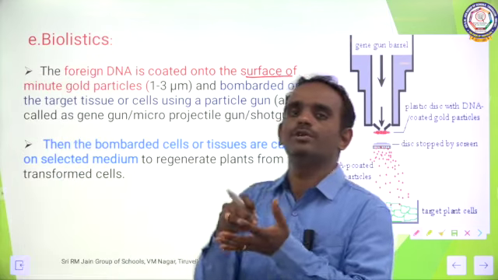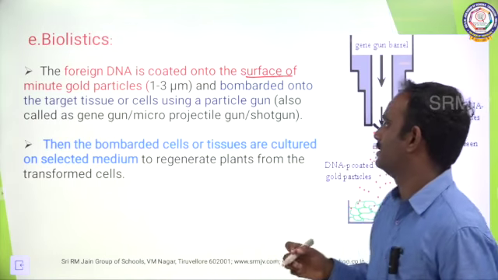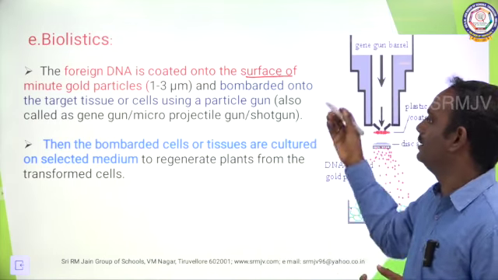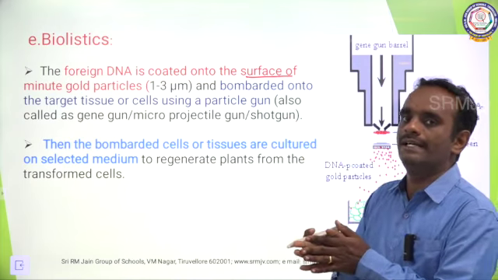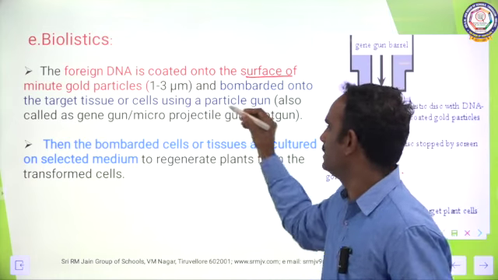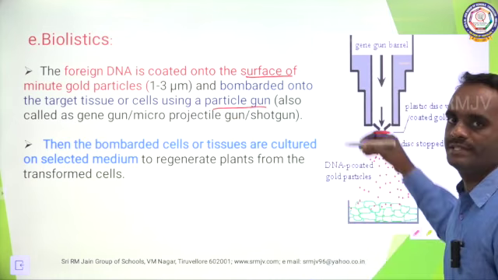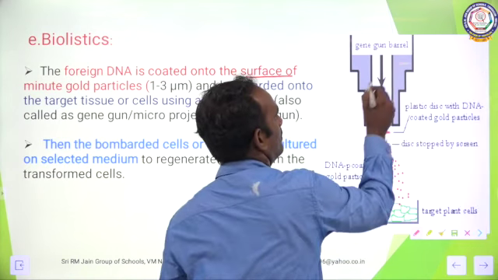So we have to coat the foreign DNA with minute gold particles and bombard it into the target tissue. So it has to be bombarded, it has to be transferred into the target tissue by using a particle gun. See the picture here, this is a particle gun, gene gun barrel.